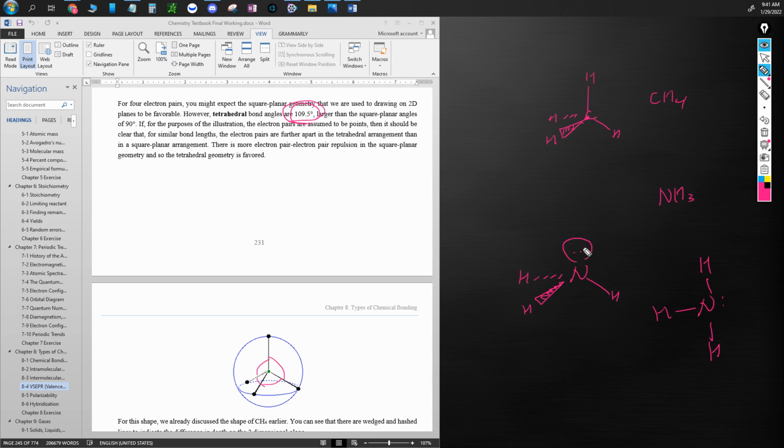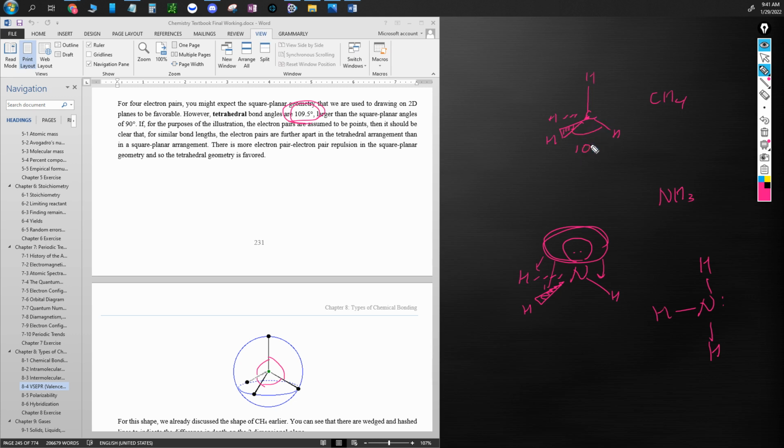So what happens here is, compared to the bonding electrons, this lone pair takes up more space because the electrons are more freely roaming around the area than when they're bound to each other. So these electrons are pushing these bonds lower.